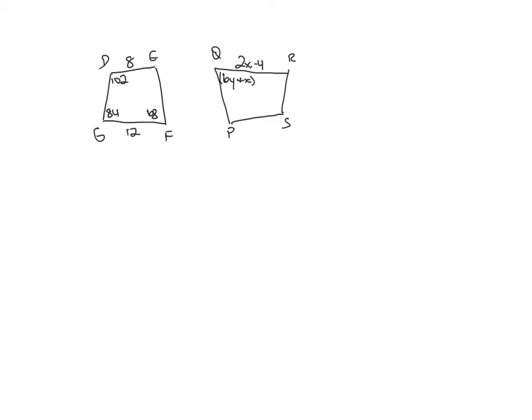Okay, so on this one, it says D, E, F, G is congruent to S, P, Q, R. Sometimes just visually, and especially since I drew this kind of messed up, trying to determine which one goes with which one can be a challenge.